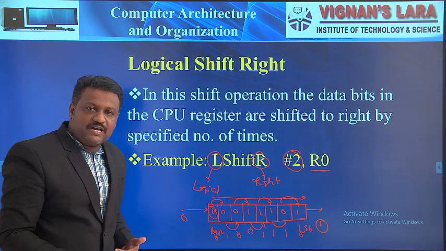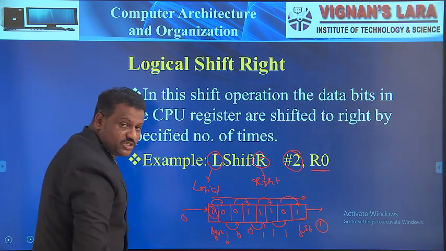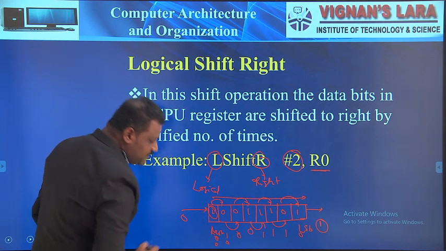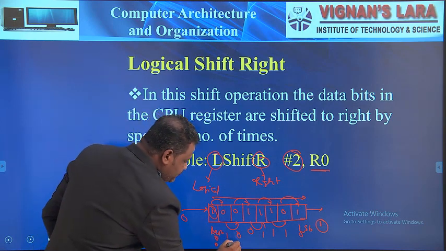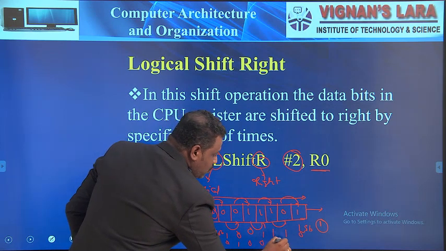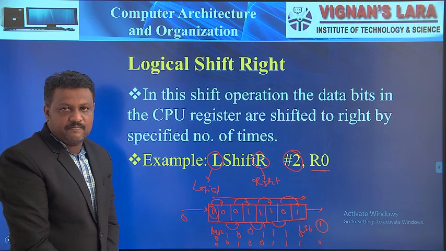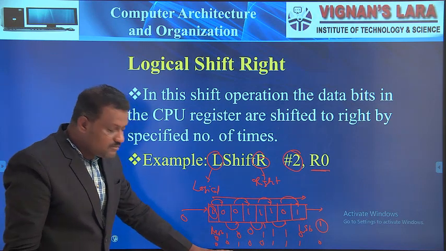If you do one more time, what happens? Again the bits are shifted right and the vacant bit position is again filled with a 0, and the last 0 goes off. What is the value of R0 now?